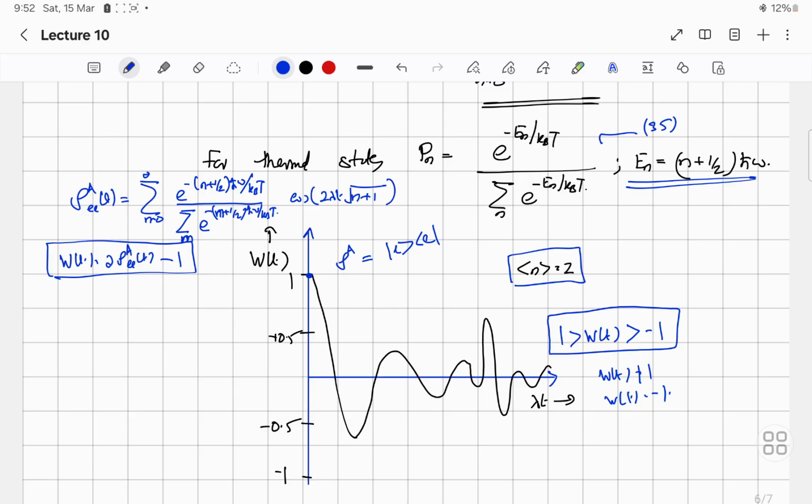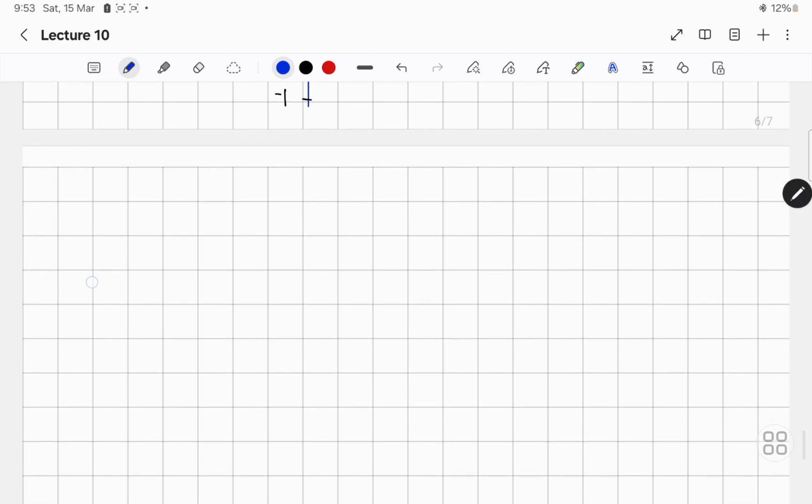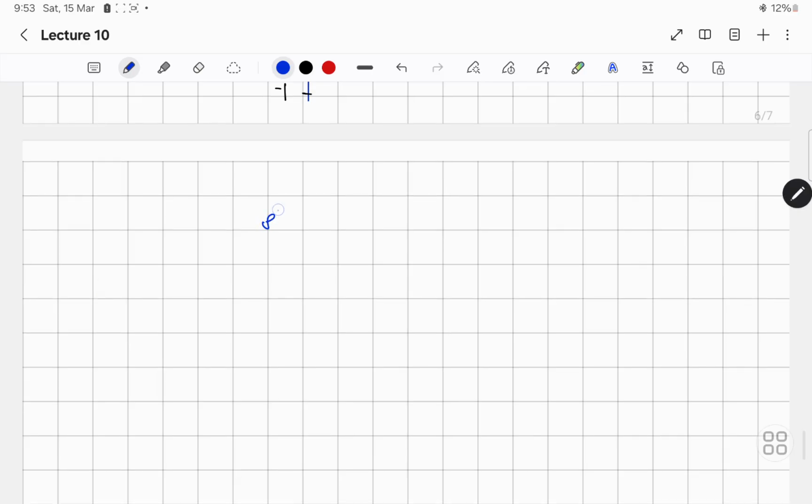Okay, so I will just summarize what we have done. If you have an atom and a field, finally the density operator of the combined system I can write as rho_A(t), rho_f(t), and then rho(t). Initially rho(0) I can write as rho_A(0) times rho_f(0).